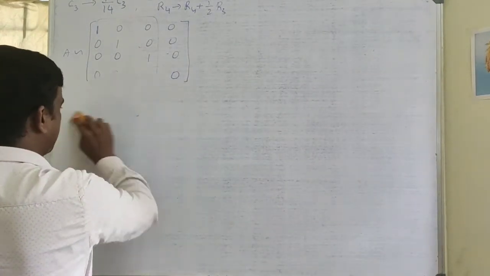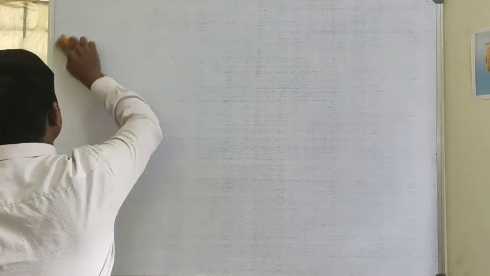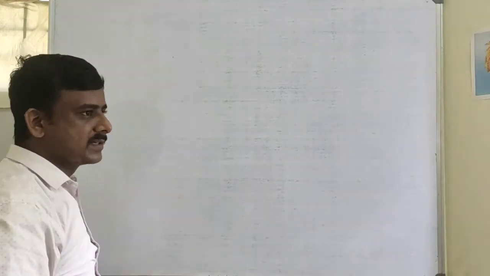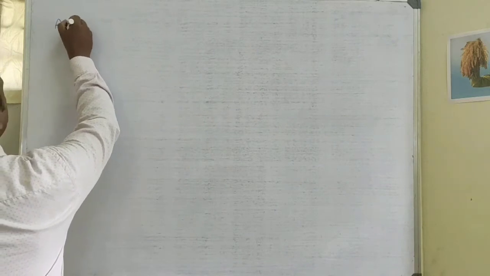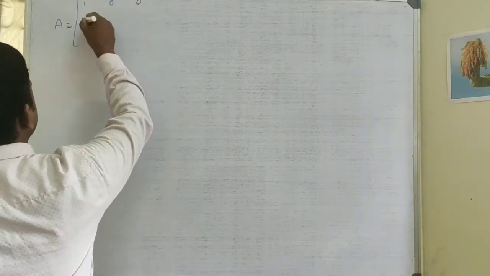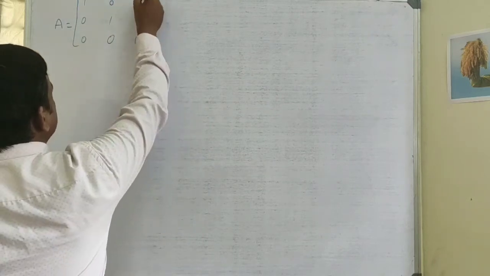Consider an identity matrix, I_n or I_r, whatever. Then apply row operations to it. You will get a matrix that we call an elementary matrix. For example, take the matrix A equal to 1 0 0, 0 1 0, 0 0 1.